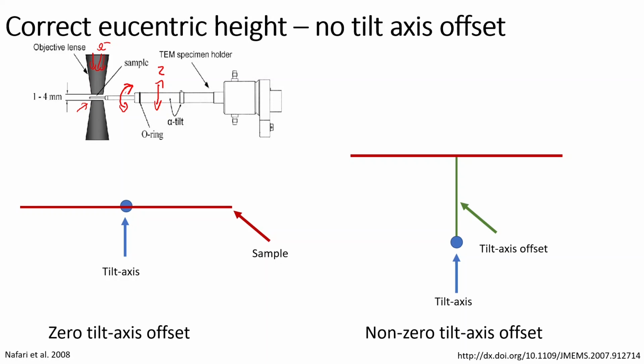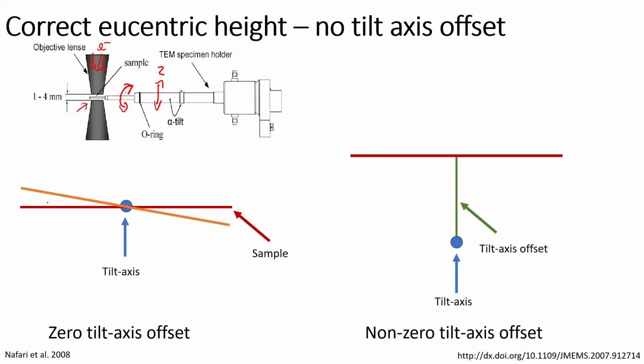Why is it important? Let's take our sample that's perfectly located on our tilt axis, and the tilt axis now is facing towards us, so it's perfectly aligned on the z-axis, and we start to tilt our sample. This red represents the sample plane.